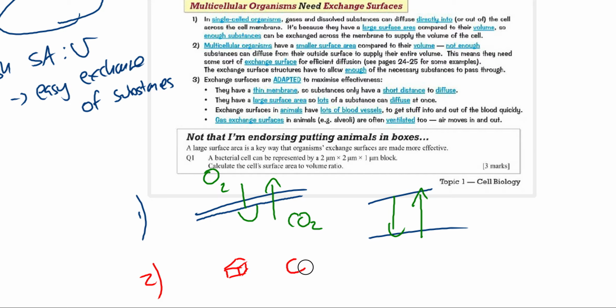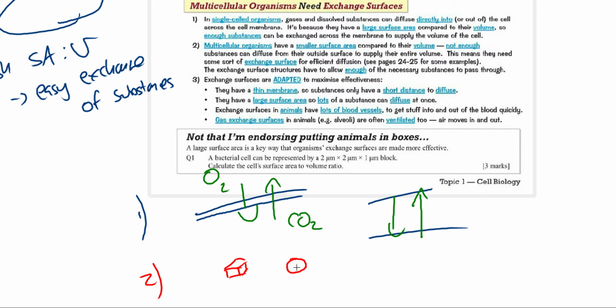While here, you might have a much bigger surface area with a sphere type structure. So that's something you want to consider because it allows more substances to cross. If you've got more area, more substances can pass through. The smaller the area you have, fewer substances will pass through.